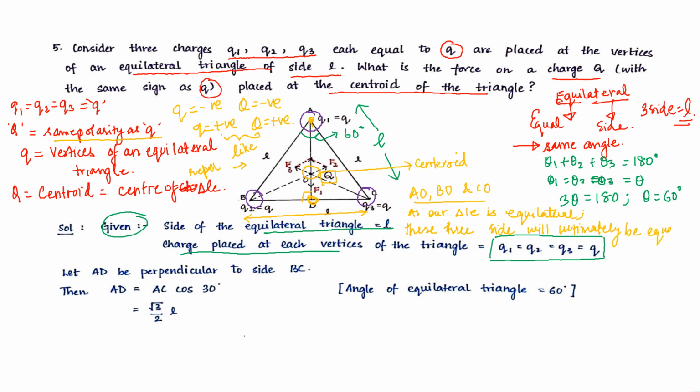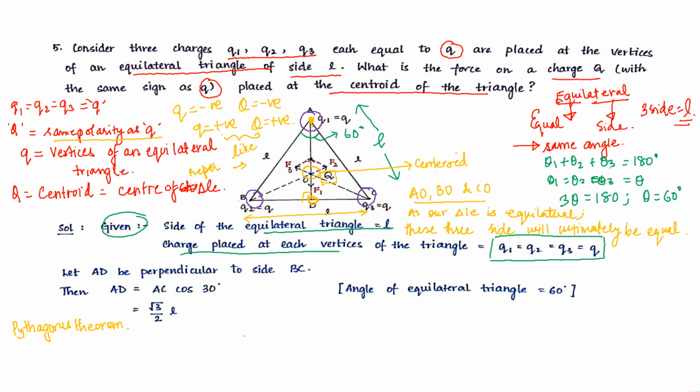These distances are also equal because we are measuring the distance from the center to the vertices. So as it is given that our triangle is equilateral, these will also be equal. So now let us take the case here. We will use Pythagoras theorem to find the various values.